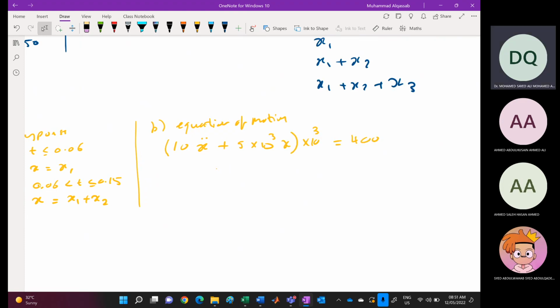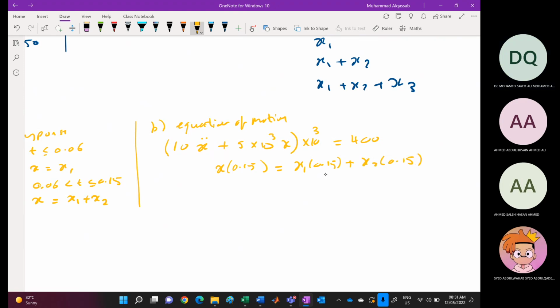And initial conditions will be: we have x at 0.15 equal to x1 at 0.15 we obtained before, plus x2 at 0.15. And x dot at 0.15 is equal to x1 dot at 0.15 plus x2 dot at 0.15.